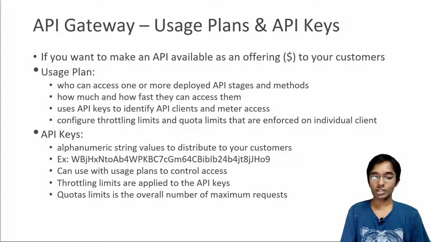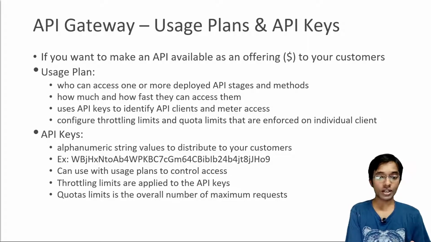Then within the usage plan, you can configure throttling limits and quota limits that will be enforced on each and every individual client. Now the API keys are just a string value that you are going to distribute to your customers, and that will uniquely identify them. Here is an API key given as an example.